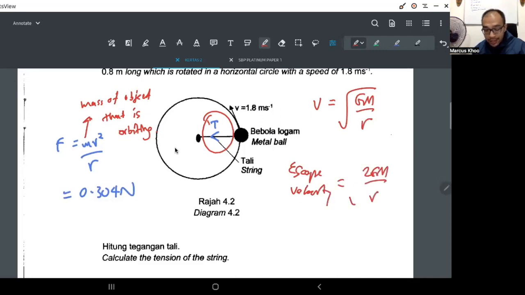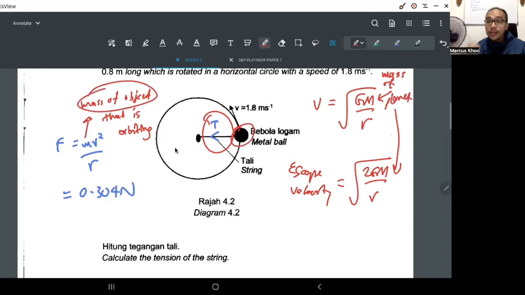But this M is not the mass of the satellite, it is the mass of the planet. So centripetal force is one of those forces where if it is a satellite, then it's the mass of the satellite that we take. So be very careful about which M we're using.